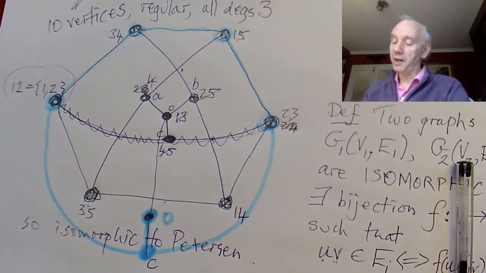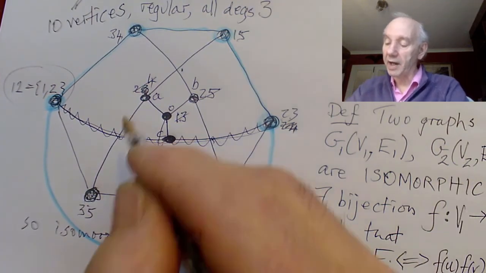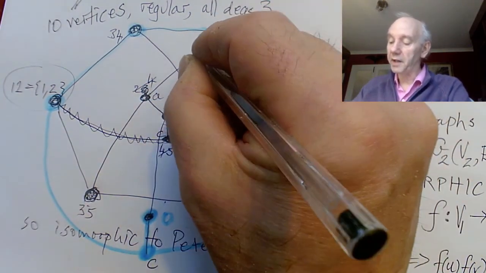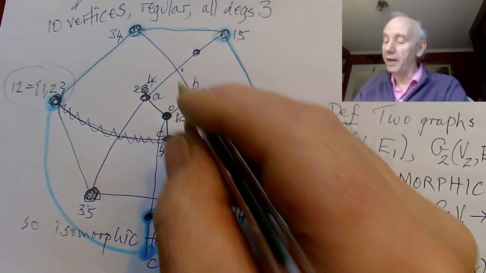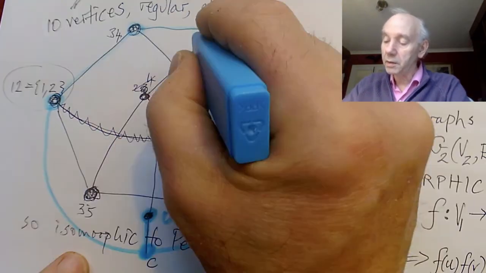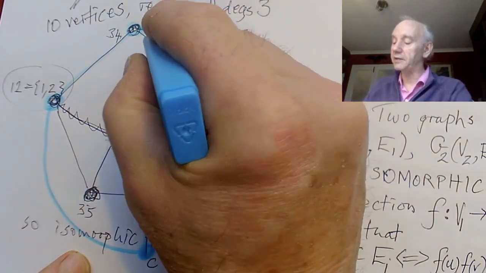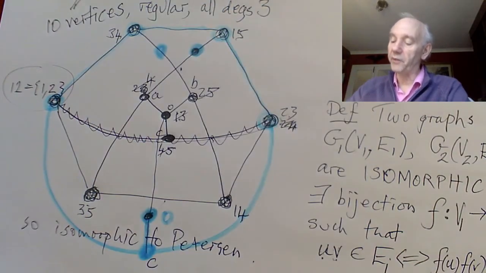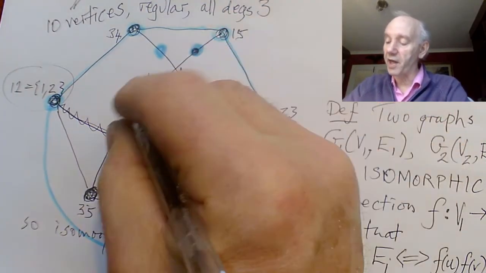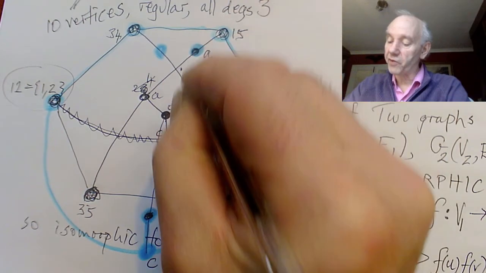And I'm going to push the A up here, make it blue. So A is going to go up here, and B is going to go there. So A is still going to be on this edge, but it's been shoved up there, and B is going to be shoved up there.